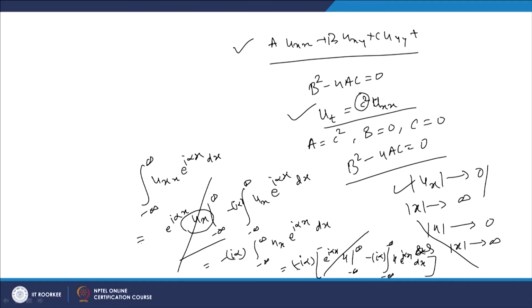What you will have is minus i alpha whole square times the integral of u e to the power i alpha x dx, which is nothing but your u alpha t. So I can write this as minus i alpha square u alpha t, which is minus alpha square u alpha t, and k is already there.